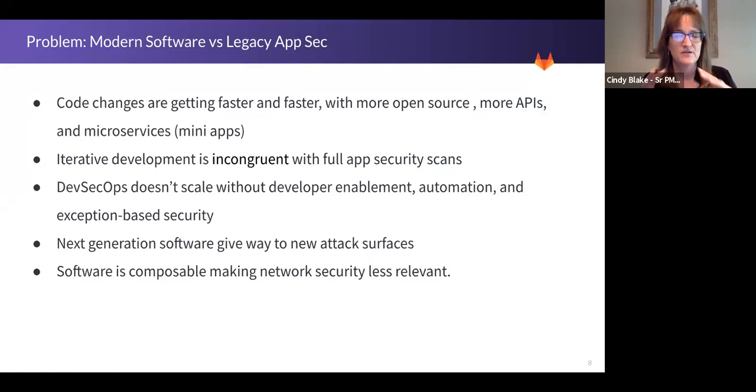So what's happening is you're breaking down those large monolithic applications into smaller and smaller pieces, and it allows you to achieve your business values for those changes faster. It allows you to be a little bit more flexible and nimble, because you can change one part without affecting everything else. But it also makes it harder for the traditional application security methods to work.